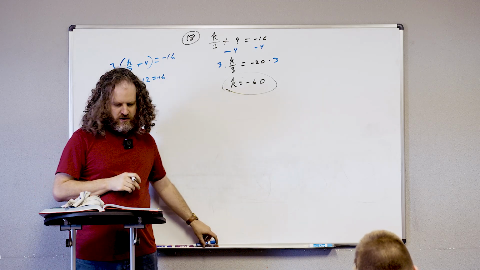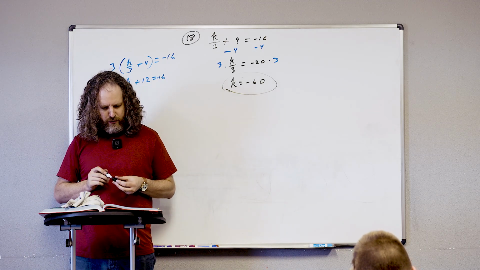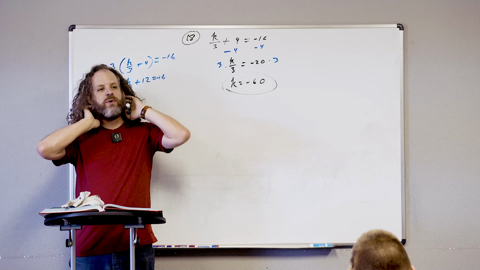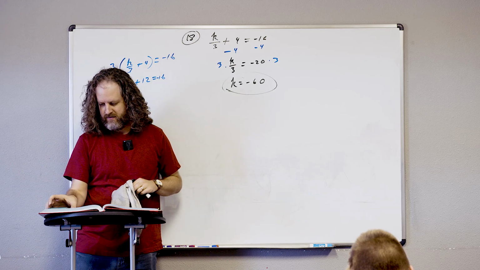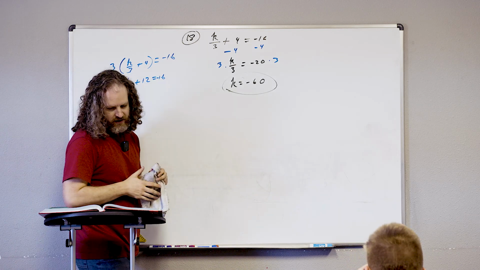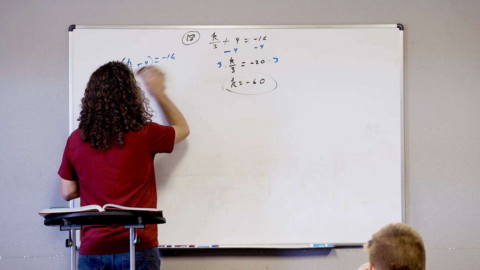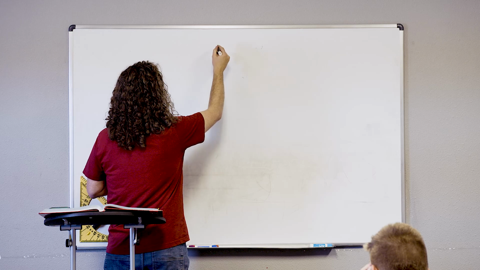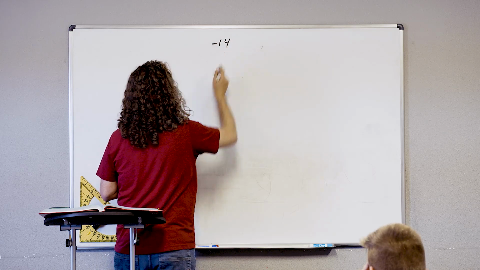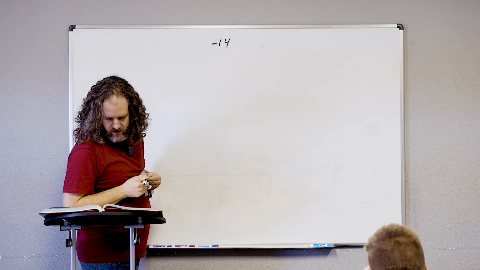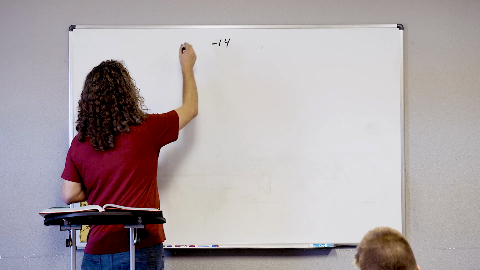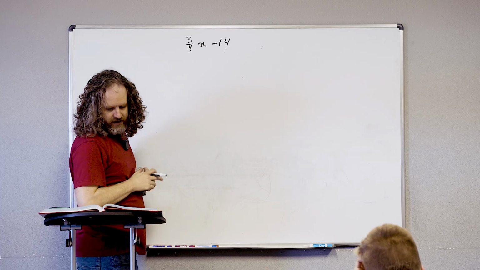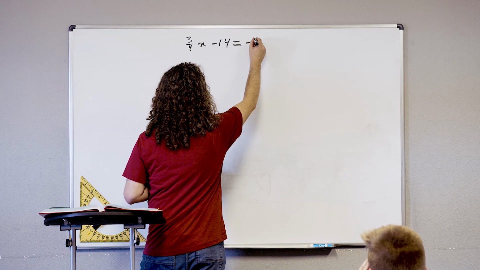24 says 14 less than 3/4 of a number is negative 8. So remember, what did I remind us of last class? What are we supposed to think when we see the word than? Put it at the end. So 14 less than, so less is minus, right? But it's going to be minus 14 at the end. 14 less than 3/4 of a number is negative 8.